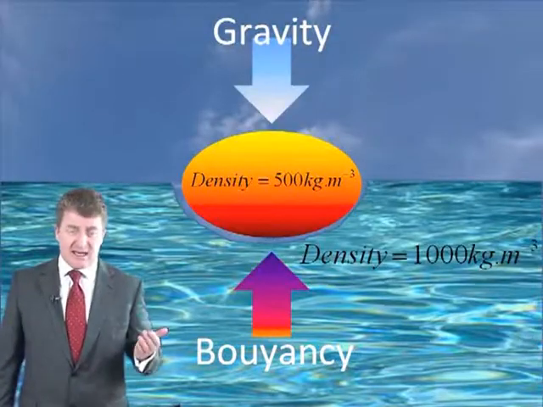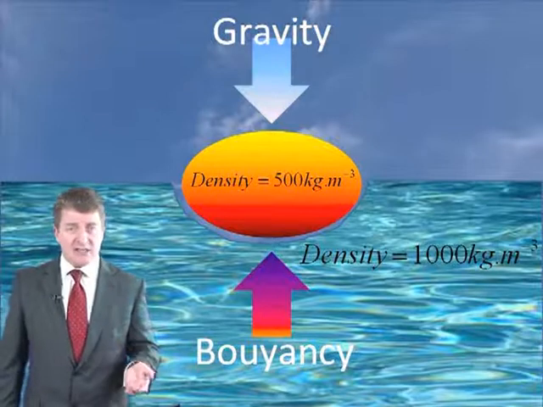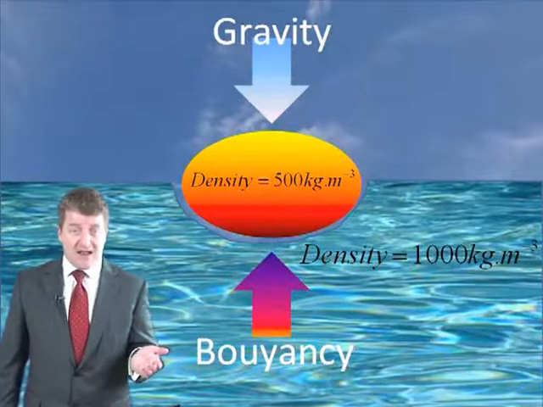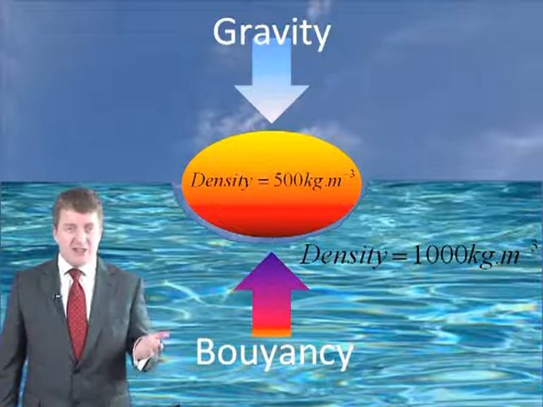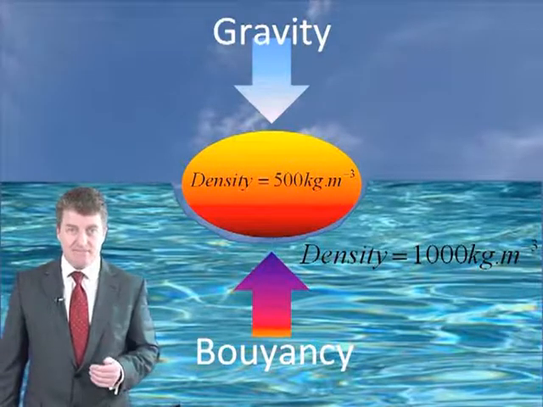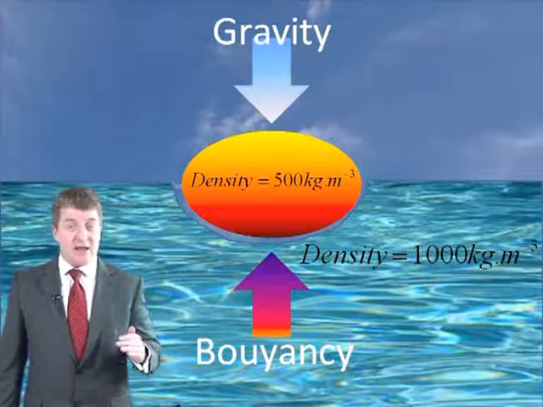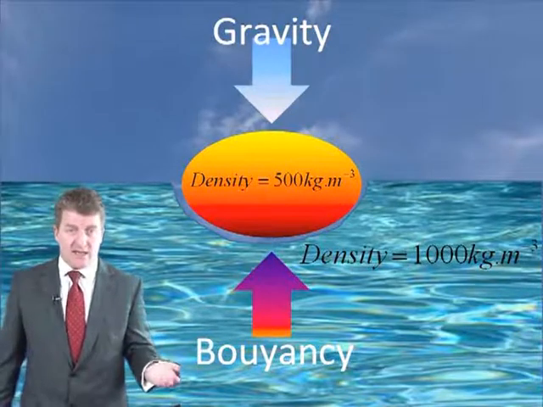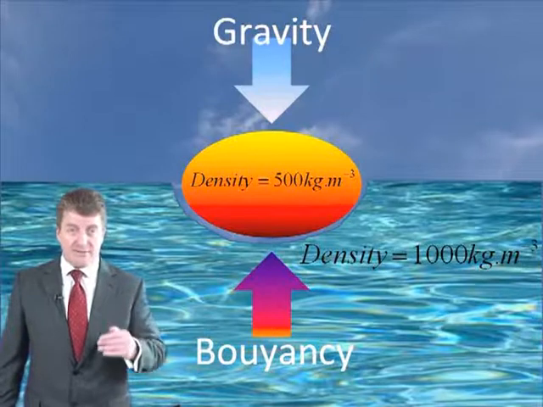This can be demonstrated here by looking at this picture. As you can see, the object has a density of 500 kilograms per metre cubed, and this will have a force known as gravity acting down on it. Now when placed in water, it will experience an upward force known as buoyancy, which is equal and opposite to the force of gravity.